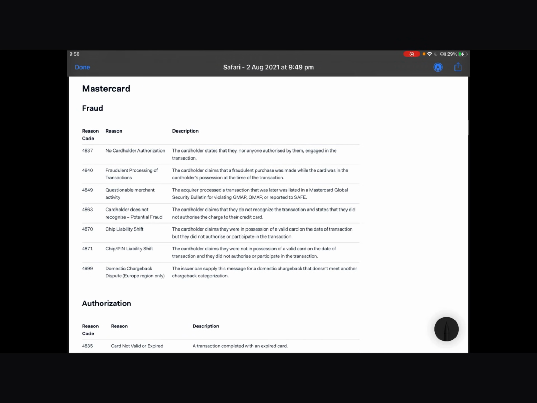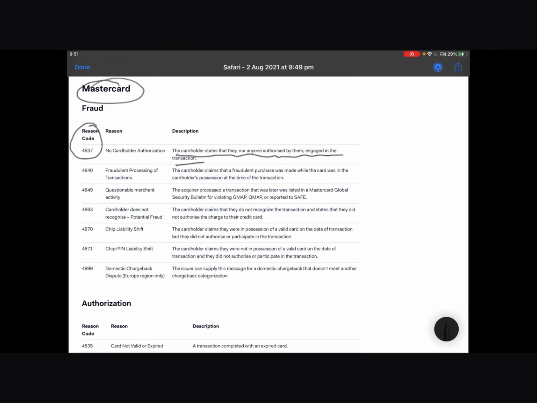Likewise, for MasterCard, there is another set of fraudulent transaction codes. The description is typically the same. It says that the cardholder states that they, or anyone authorized by them, did not engage in the transaction. So it's the same thing you saw above for Visa. But you see the code is different here.